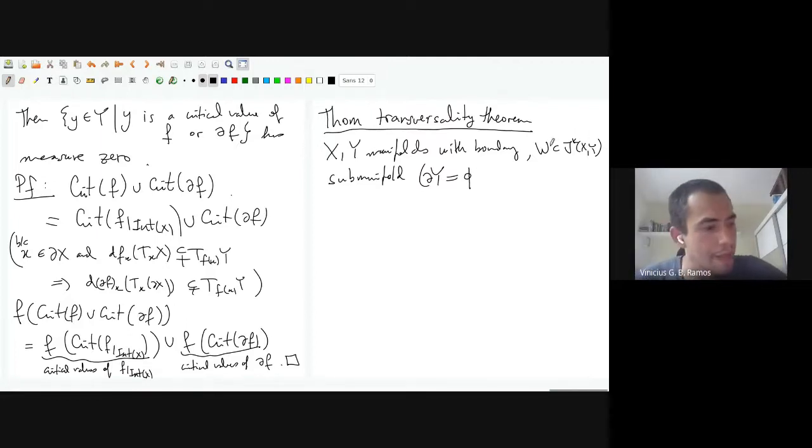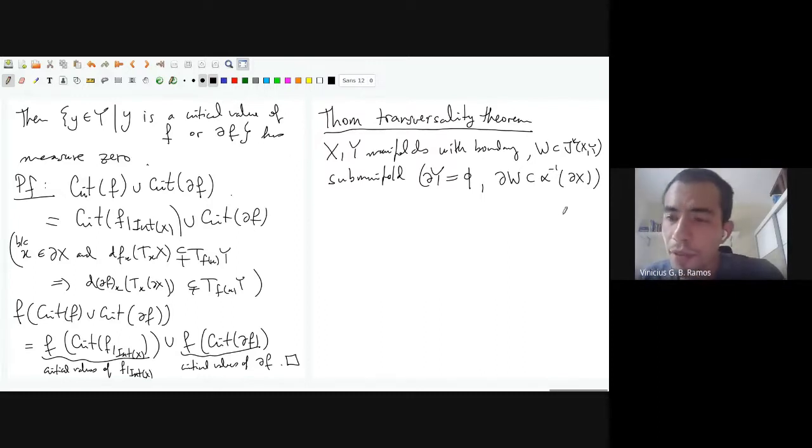And I also want to assume that the boundary of W is contained in alpha inverse of the boundary of X. So in other words, the boundary of W doesn't touch the other part of the boundary that has to do with the derivatives and stuff like that.